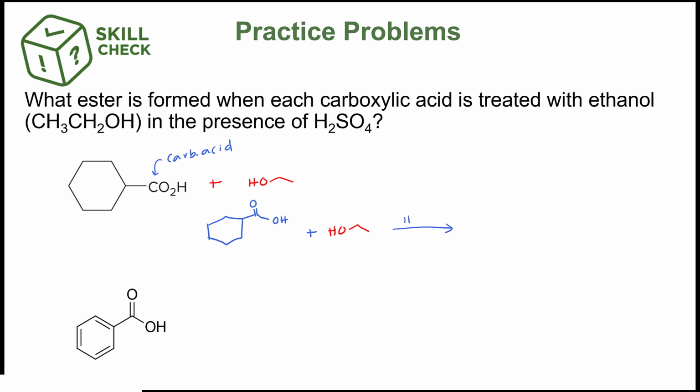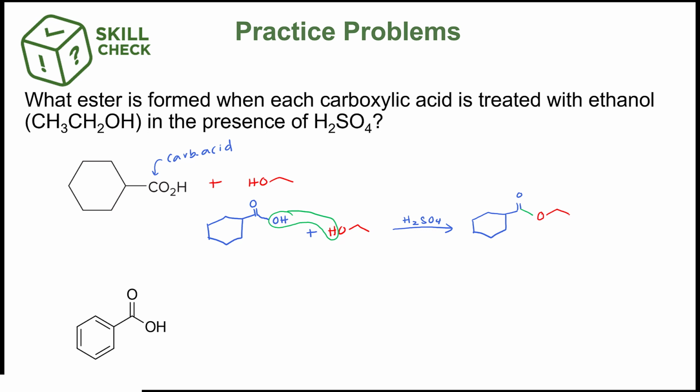So we have H2SO4 here. I'm going to look for my OH from the acid and the H from the alcohol, which is right here. And then you're going to take that out and squeeze the other 2 molecules together. So my new bond is right there, and then I had the bond to the OCH2CH3. So that's the ester that I'm going to make in that reaction.